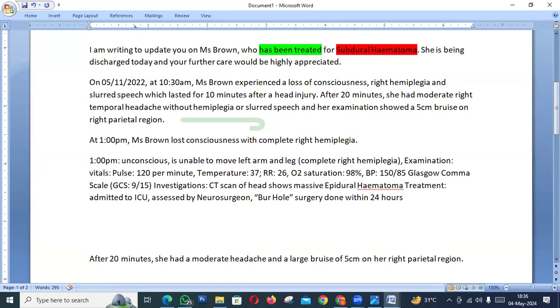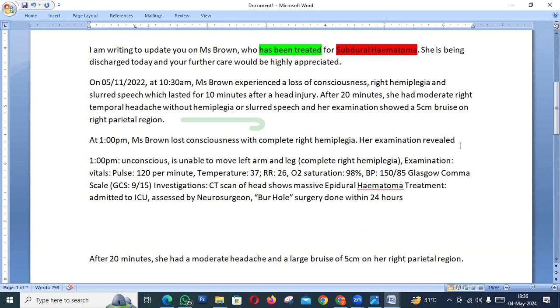So in examination, we just mention her examination. On examination is okay. Her examination is both okay.